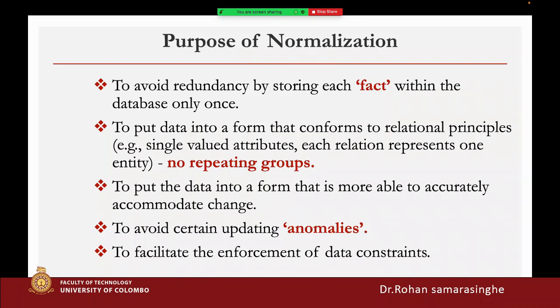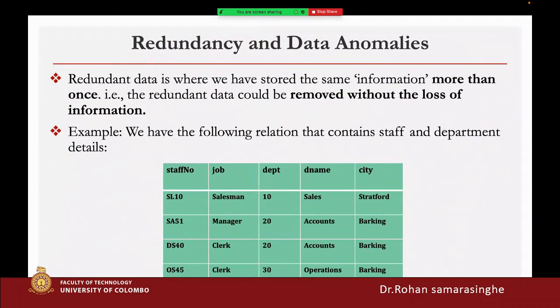Even though this is a theory part, you have to keep this in your mind while you are refining the database using normalization. And redundancy and data anomalies I also explained.